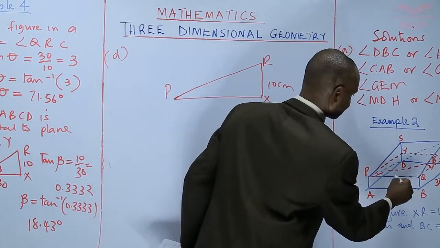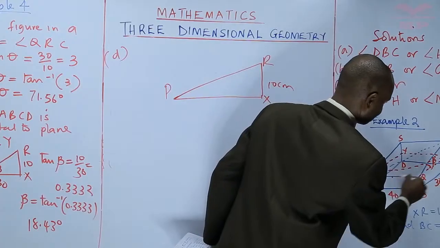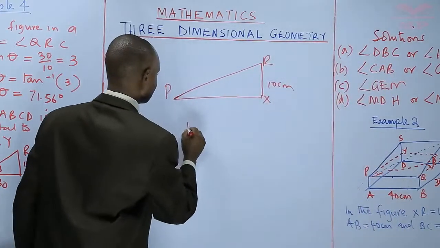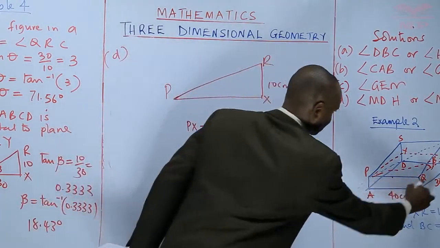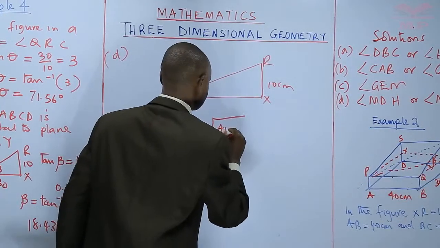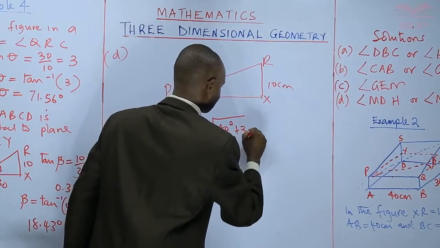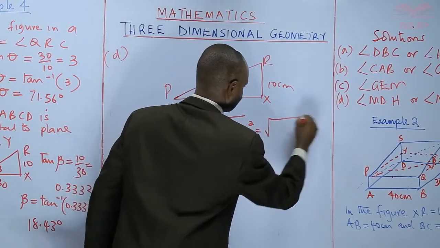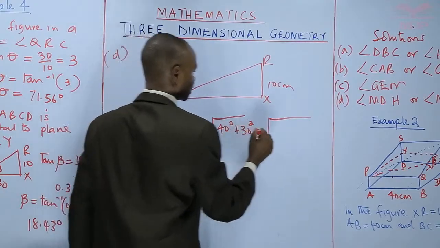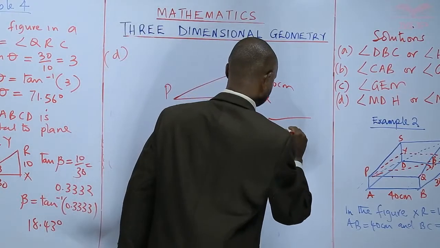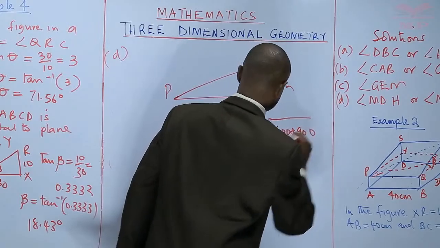If I have this as 40 and 30, PX is equal to the square root of 40 squared plus 30 squared, which is the square root of 1600 plus 900.